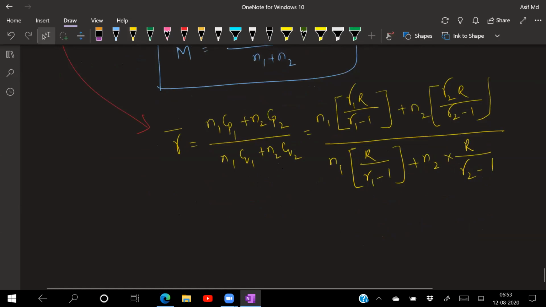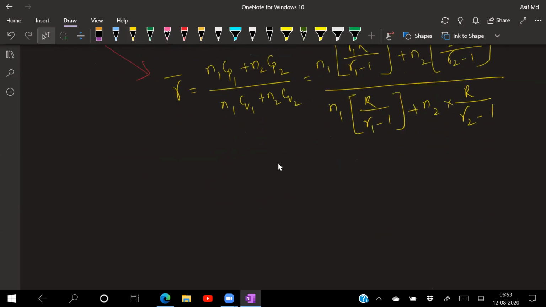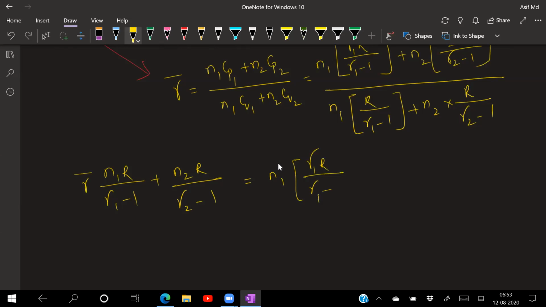Isn't it? So if I take the cross multiplication, gamma bar into N1 into R by gamma 1 minus 1 plus N2 into R divided by gamma 2 minus 1 is equal to N1 into gamma 1 into R divided by gamma 1 minus 1 plus N2 into gamma 2 into R divided by gamma 2 minus 1.